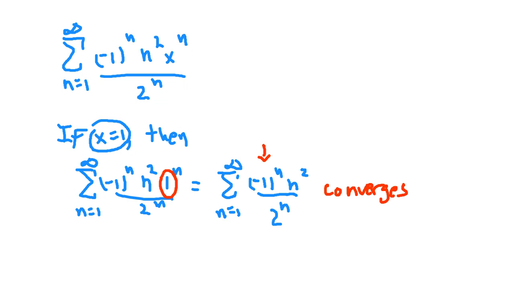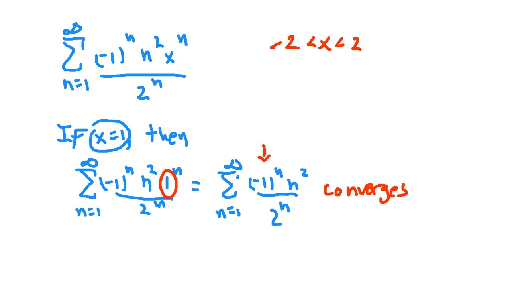It converges because x equals 1 is within the convergence zone, right? We said if x is between -2 and 2, the power series converges for those x values.